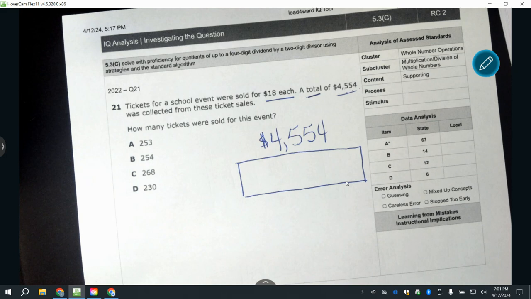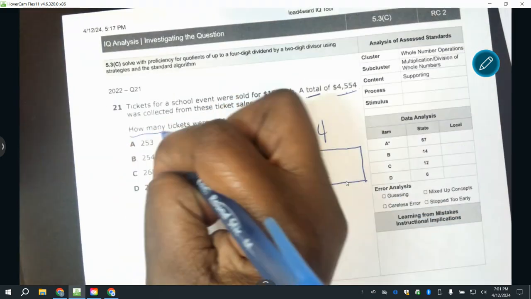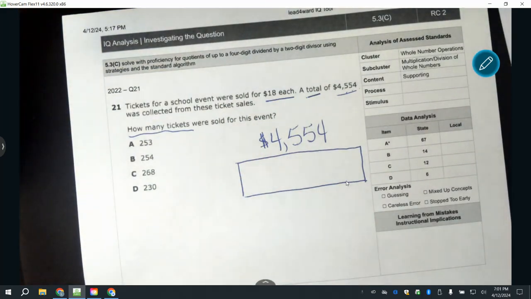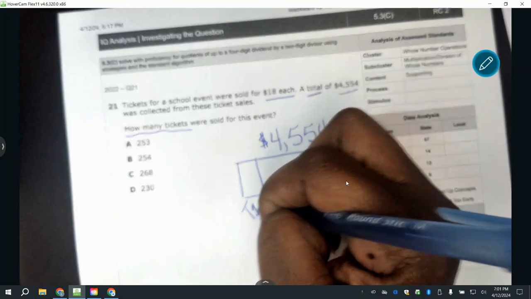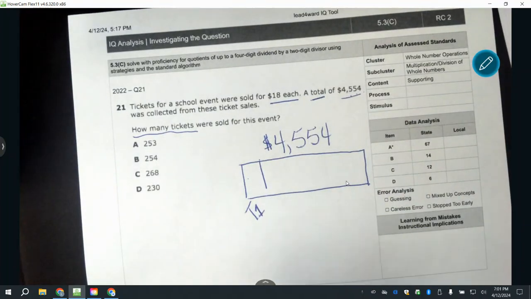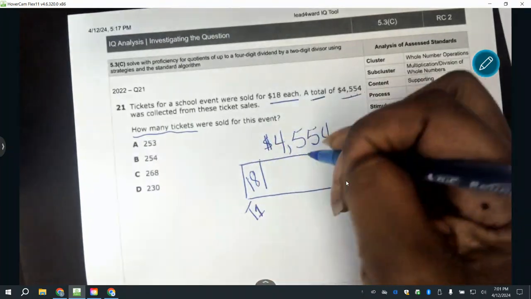All right, so going back to that, it says tickets for the school event were $18 each. And we don't know how many tickets, but we know that they were $18 each, right? It's asking us how many tickets. Okay, so ticket 1, first ticket they sell, is going to cost how much? $18, baby, $18.